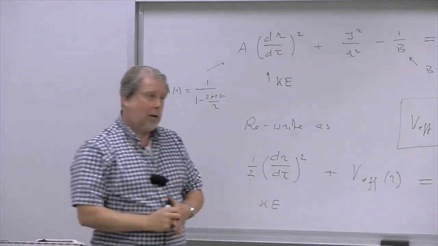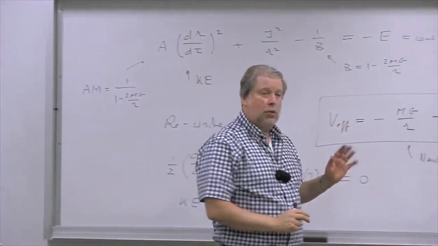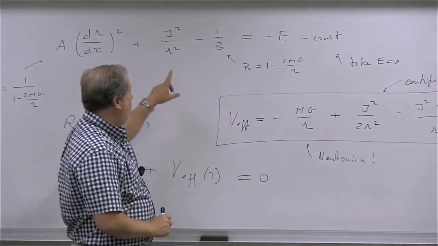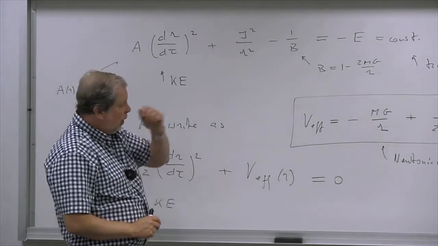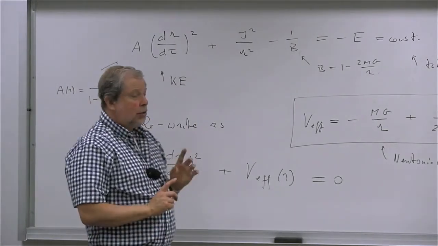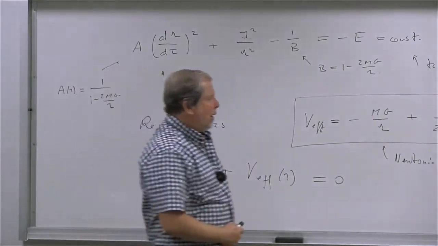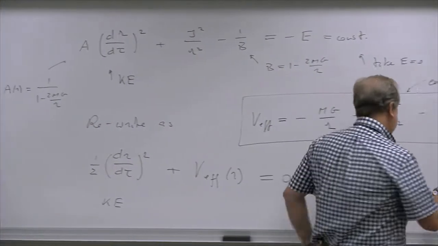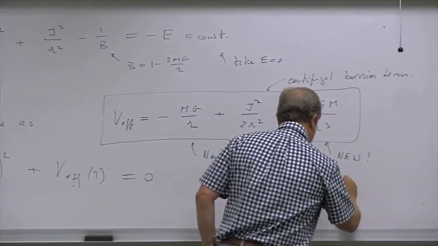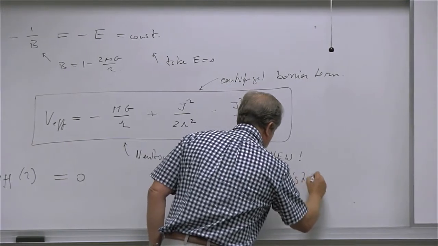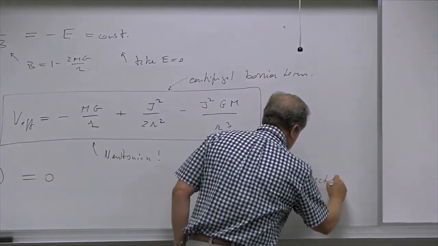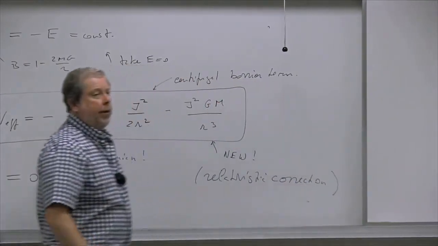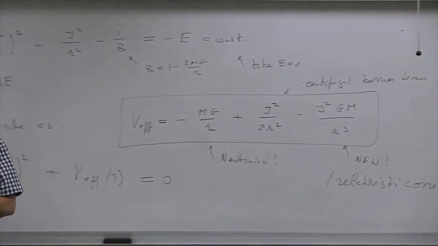And the remarkable result is that there is just one extra term. In this equation, or this equation, or the one on top that I just erased, there is just one extra term. And that extra term is the relativistic correction. And it is exact.